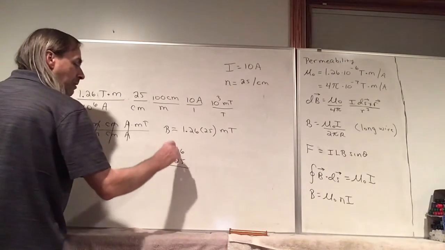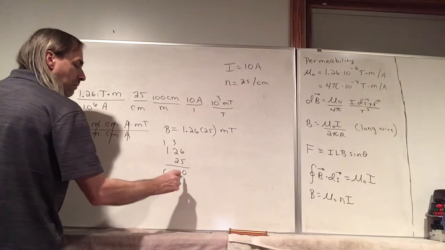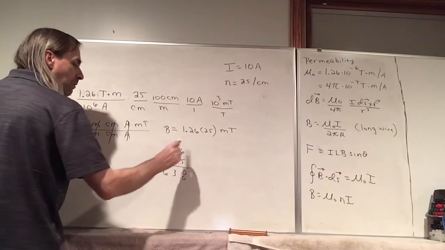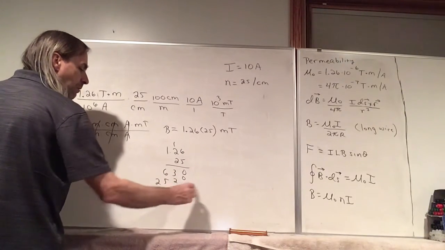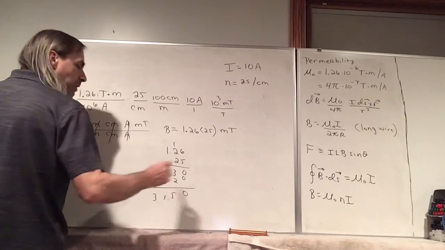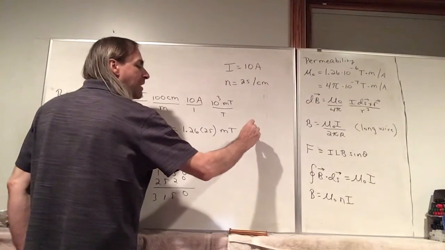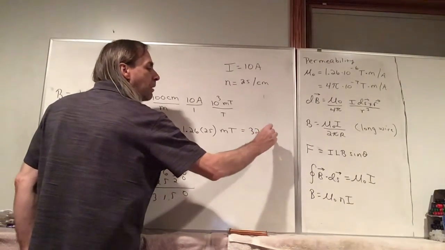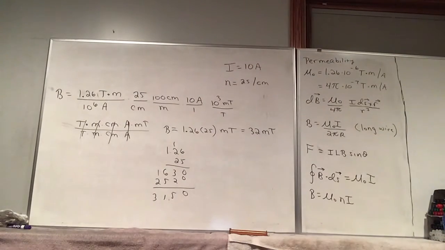Probably a little bit easier. So what we're getting is 31 point, let's just say 32 milliteslas. So that's what we get inside the solenoid.